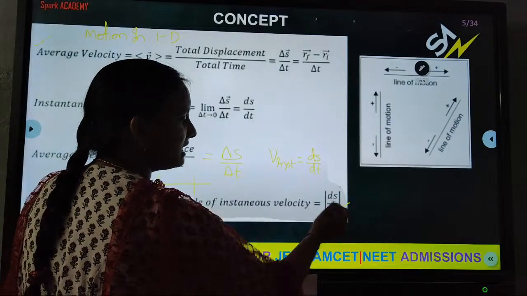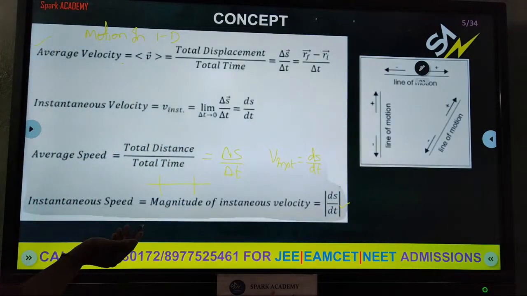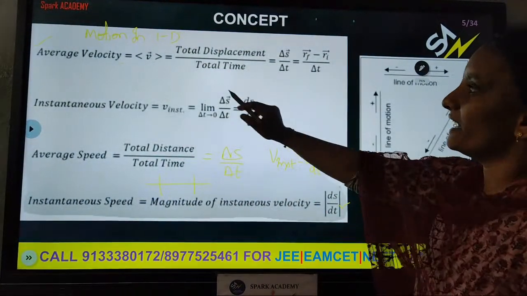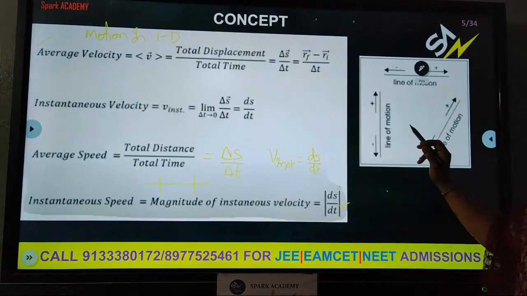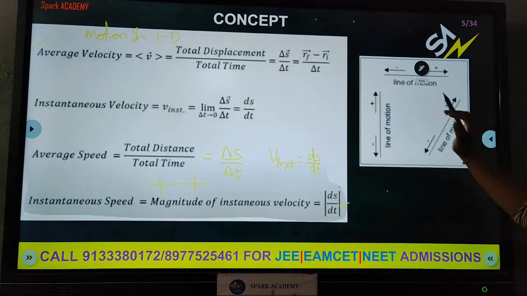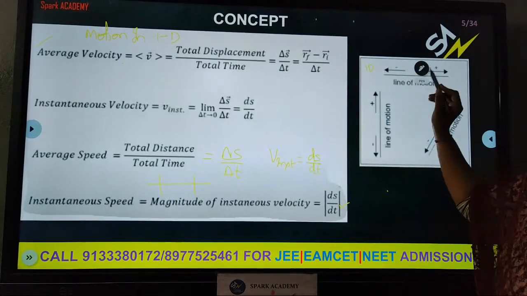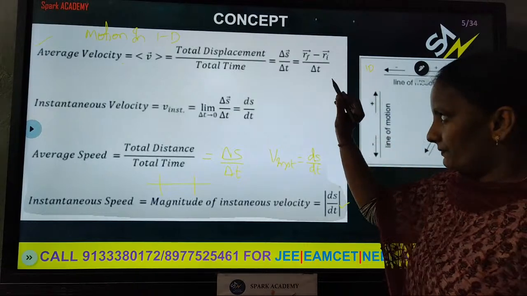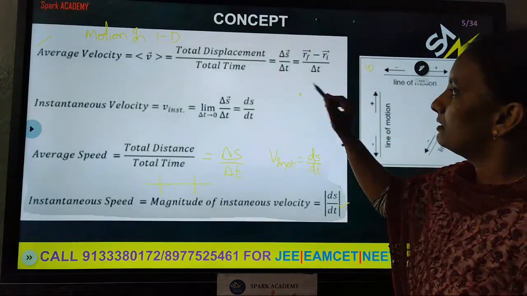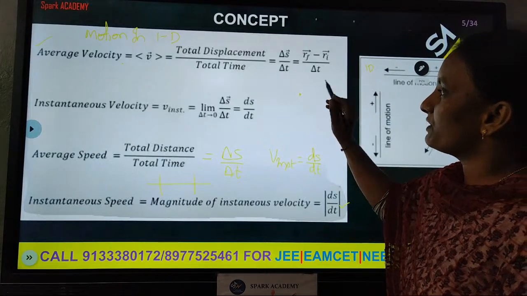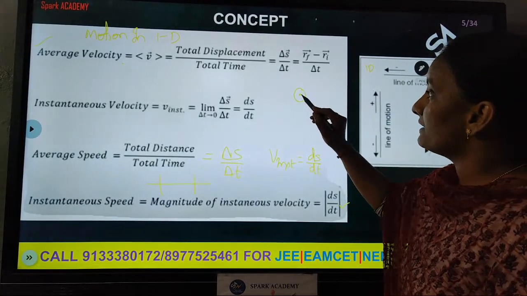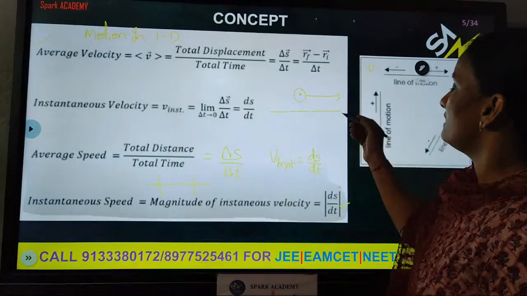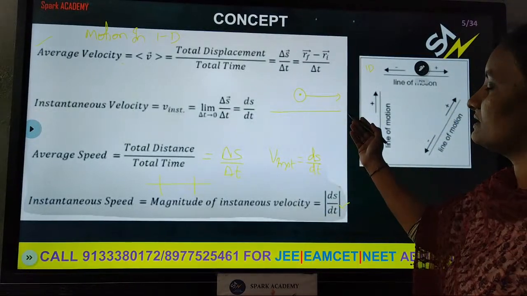These magnitudes are equal because they follow the same direction, and to find the velocity we need to follow the sign convention by following the law of vectors. If the object is in one-dimensional motion, for example the object started from here, this initial position we take as the origin, and the line of motion will be this way, a straight path.